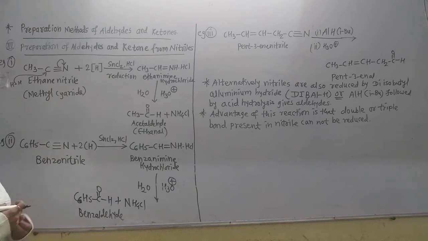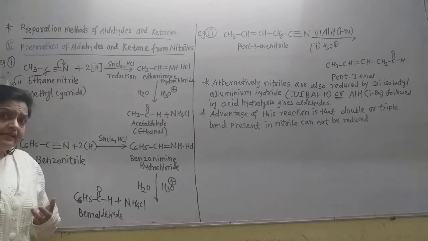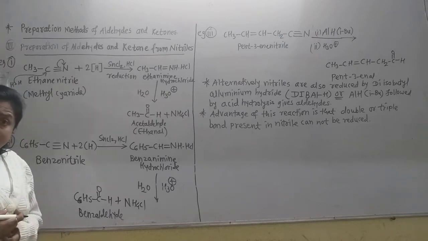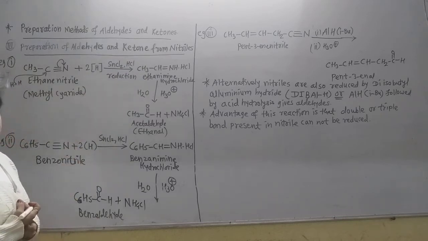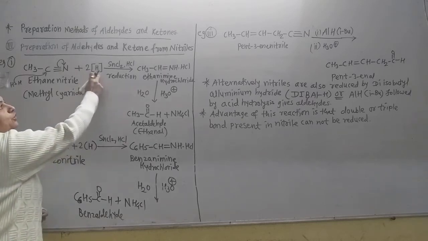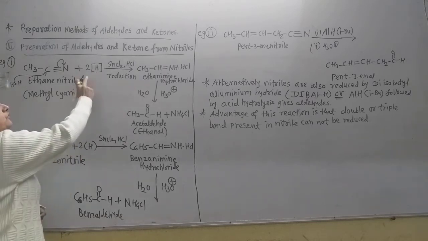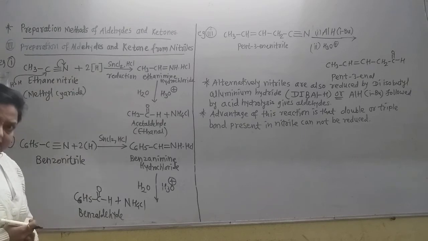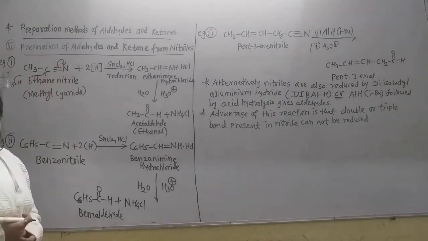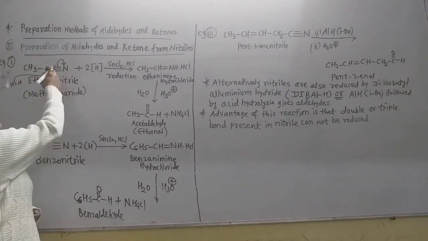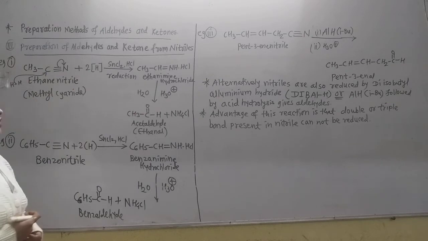Now this is basically a reduction reaction. When we add hydrochloric acid to stannous chloride, there is a formation of nascent hydrogen. Now two atomic hydrogens are formed. Out of them, suppose one attacks this carbon. As the carbon now has 5 bonds, one bond shifts to the nitrogen, so there is a negative charge on nitrogen.